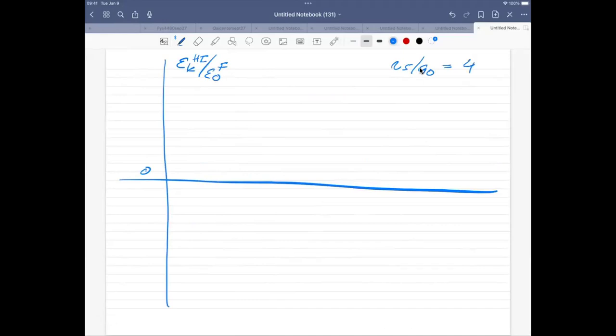Now, if I take the non-interacting case, and put 1 here and 1 here, then we know that the non-interacting case is going to look something like this parabola, which goes like this. So this is just the non-interacting case, epsilon_0 F.